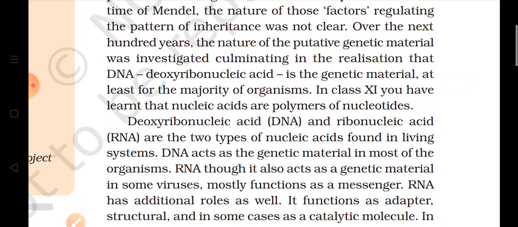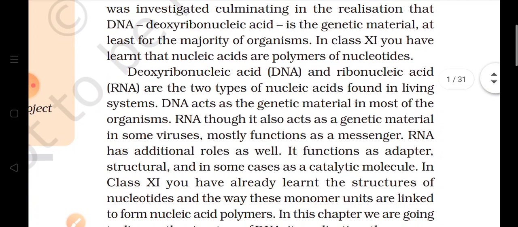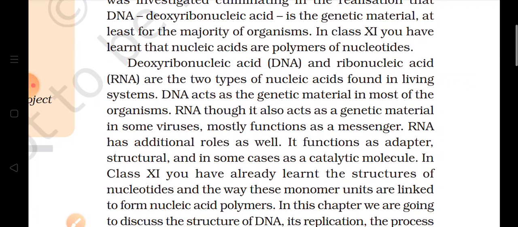Second, it can provide structure, and there it is called structural RNA. And in some cases, this RNA may act as a catalyst, and there it is called a catalytic molecule. So RNA is genetic material in viruses, but it has additional roles also: it may provide structure, it may act as a catalyst, and it may function as an adapter.